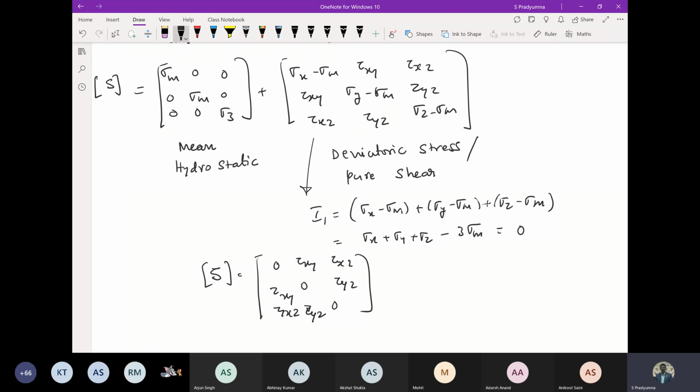So this is the pure shear case. This is the state of stress at a point when you have the 6 components of stress and you rotate the plane such that there exists a plane where there are no normal stresses acting. Only pure shear stresses are acting on that particular orientation, on all the planes. Such a direction or coordinate frame of reference, we call a pure shear state.